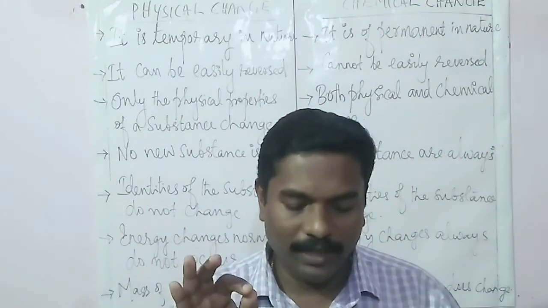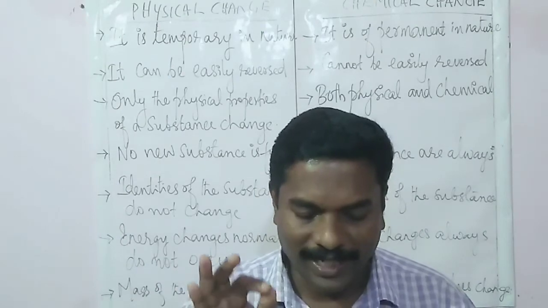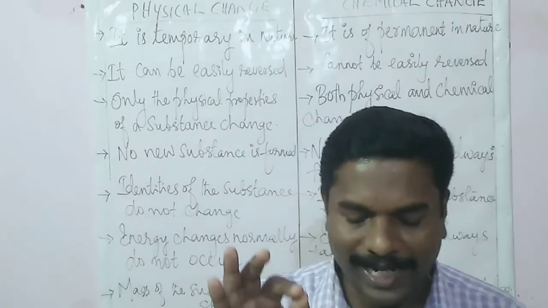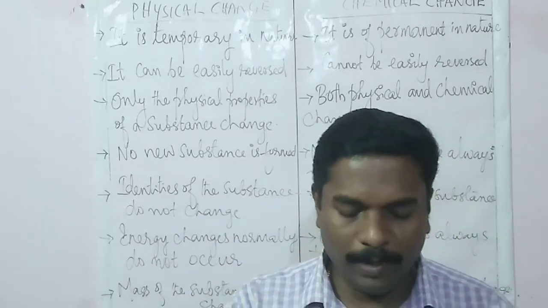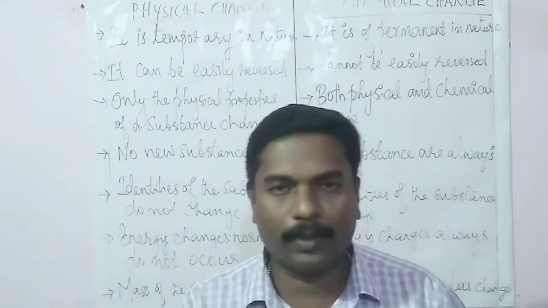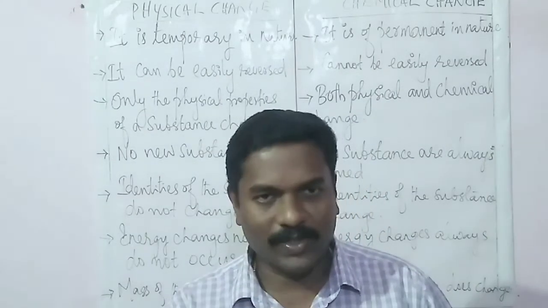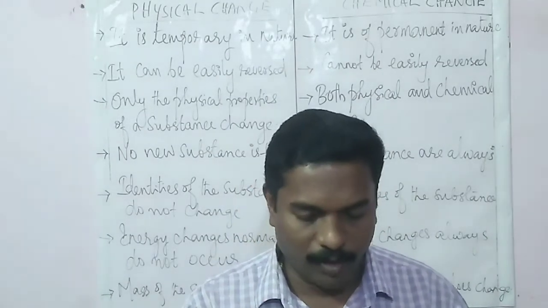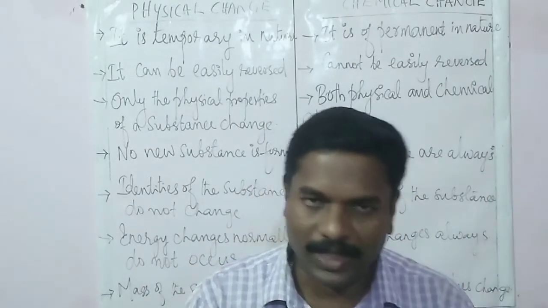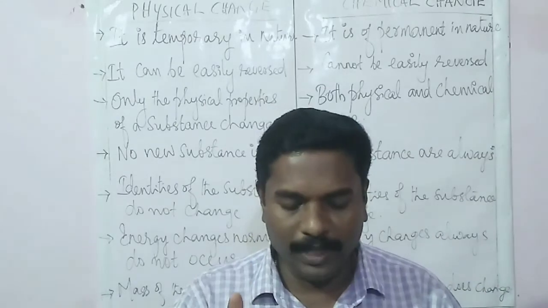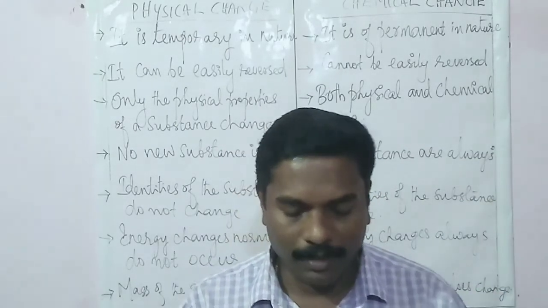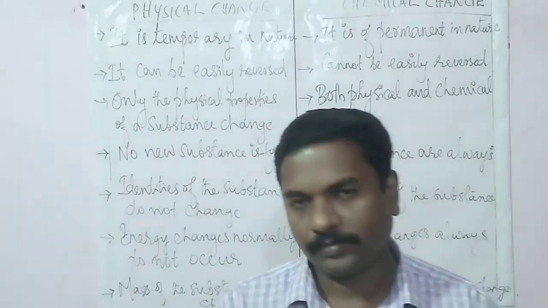And Lavoisier defined an element as a basic form of matter that cannot be broken down into simpler substances by chemical reaction. So Lavoisier gave a definition for elements as a form of matter which cannot be broken down into simpler substances by chemical reactions.